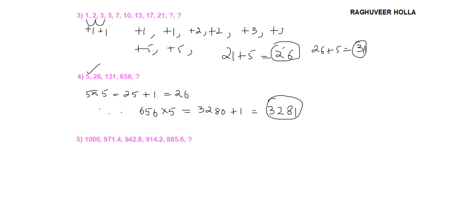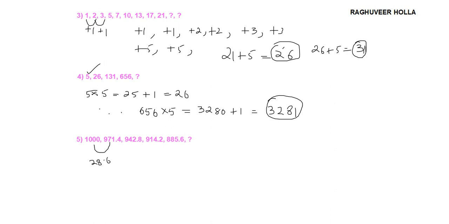Okay, let us move on to the next problem here. What do we have is 1971.4 and so on. Now if you look at this, the difference of these two is 0.6, and if I look here, the difference is exactly 28.6, right?